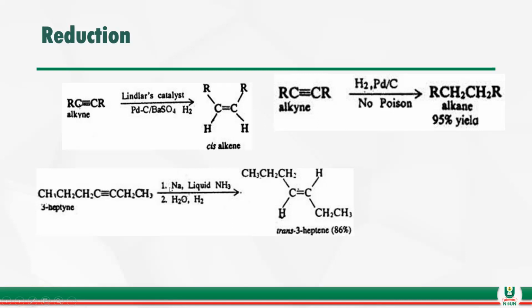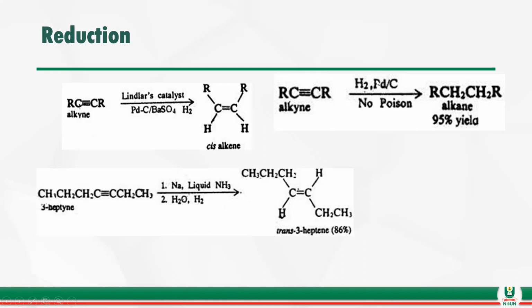Then the other way you can reduce alkyne is using sodium in liquid ammonia. In the presence of sodium in liquid ammonia, when you hydrolyze, okay, you are going to get an alkene. Now, the basic difference between reduction with sodium in liquid ammonia and reduction with this is that if you are using palladium on carbon to reduce, then you must add a poison if you want an alkene.